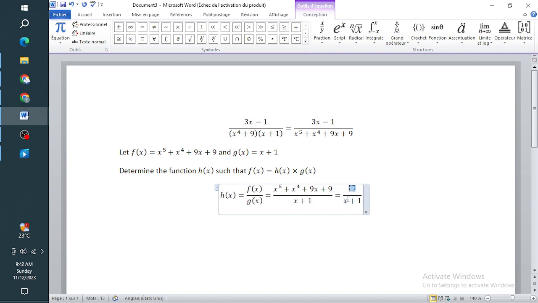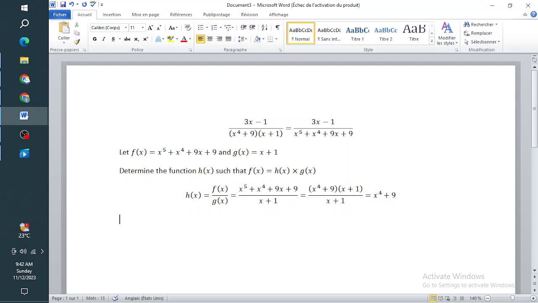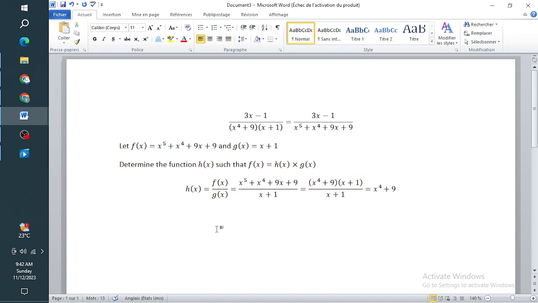The numerator factorizes as x plus 1 times x to the power 4 plus 9. So this is your h of x. Maybe you can have 2 or 3 marks for doing the long division, that's the Euclidean algorithm.